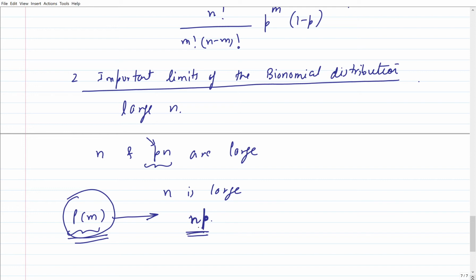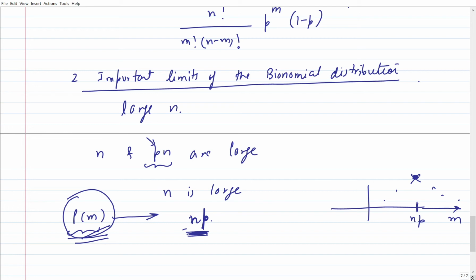So this is the mean. Intuitively, you would guess that if I have n trials with success probability p, then this product is roughly where this probability distribution function is going to peak, and you can intuitively check that notion.